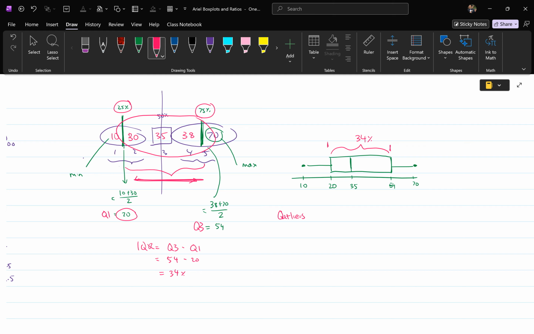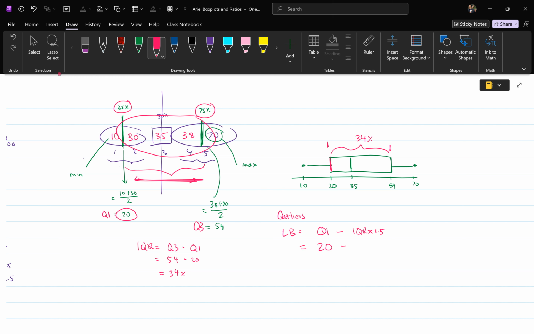So if you want to know the outliers, this is what you do. You say, okay, the lower boundary is Q1 take away IQR times 1.5. And our Q1 is 20 take away.